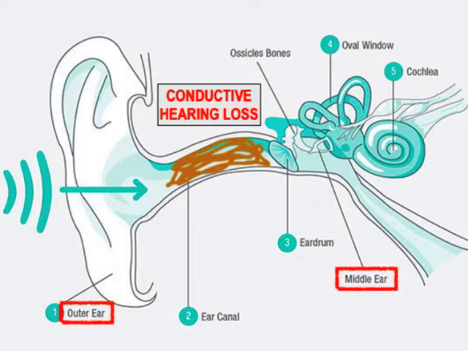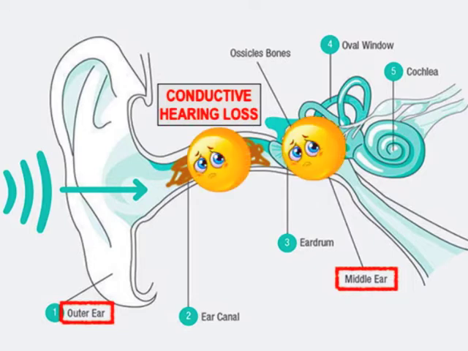For example, if your ear canal is full of earwax and sound isn't able to get through, or if there's a buildup of fluid in your middle ear from a really bad cold, you won't be able to hear well. Everything will sound soft to you, and the speaker will have to talk very loudly for you to hear. Imagine hearing like you just put earplugs in both ears.